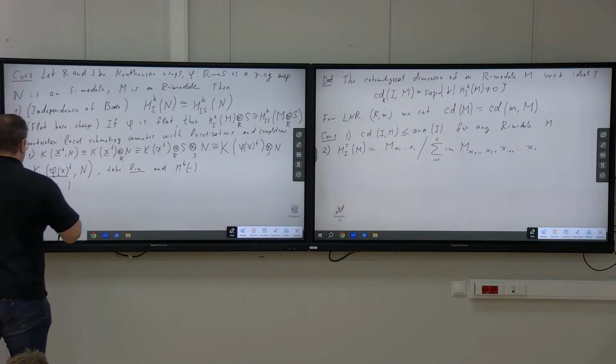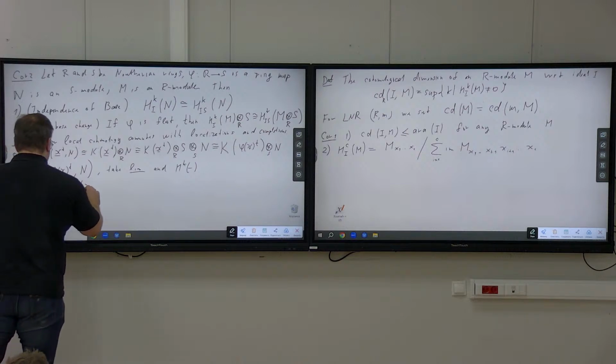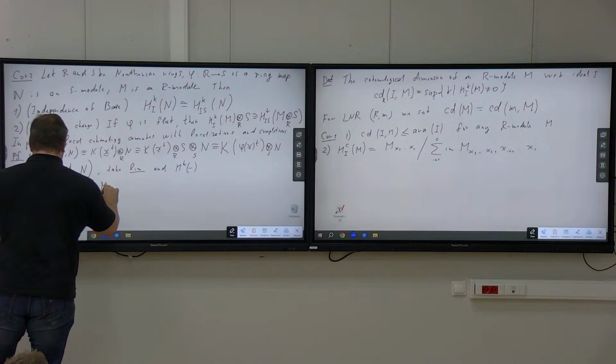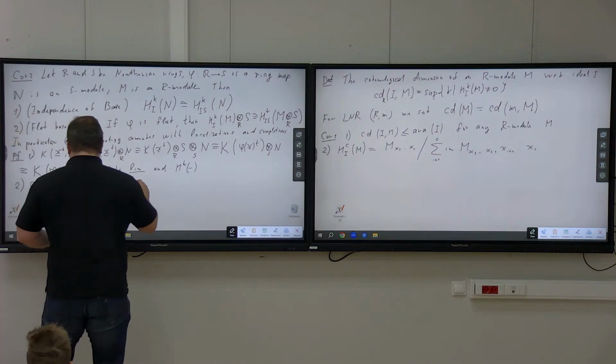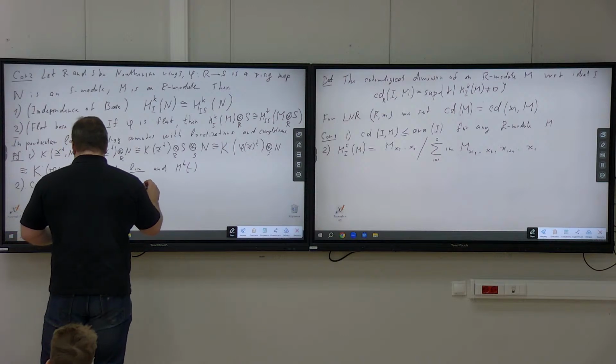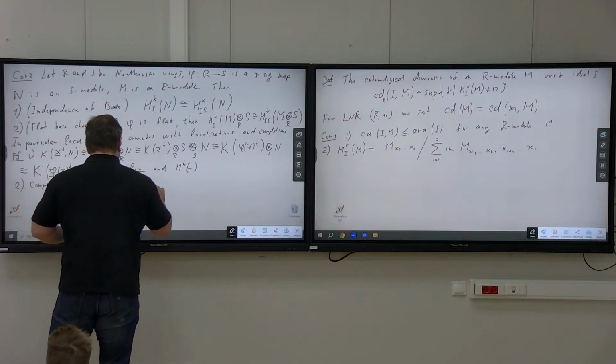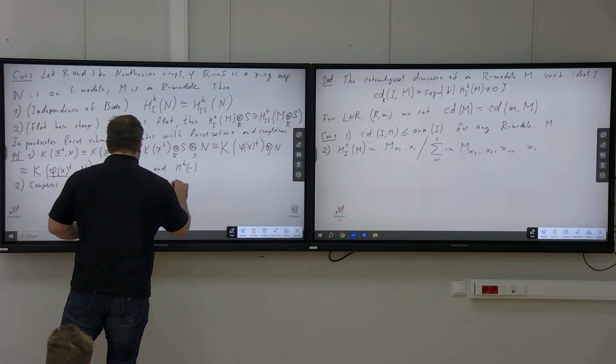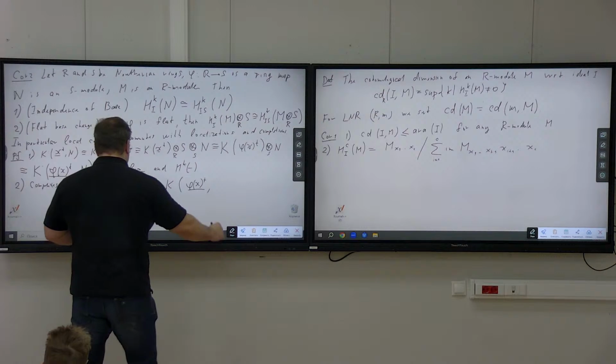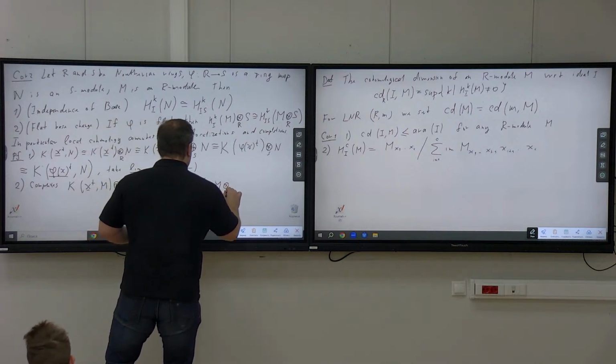Okay, so for the true complex is the k x t m tensor over R with S, and the complex that I obtained by extending everything to the S.